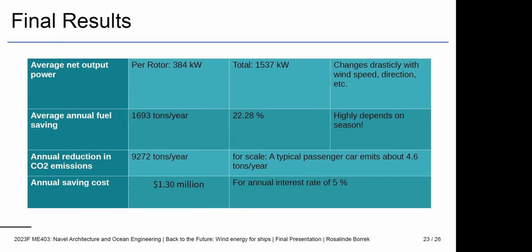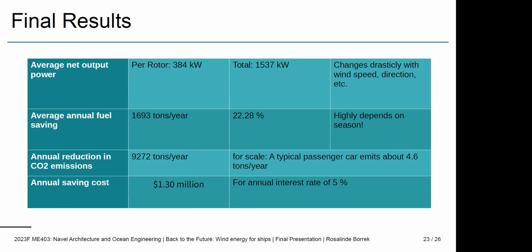Then if we look at wind data over the whole year on our route, we can get an average annual fuel saving of around 1,600 tons per year, which is roughly 22% of the complete fuel needed.